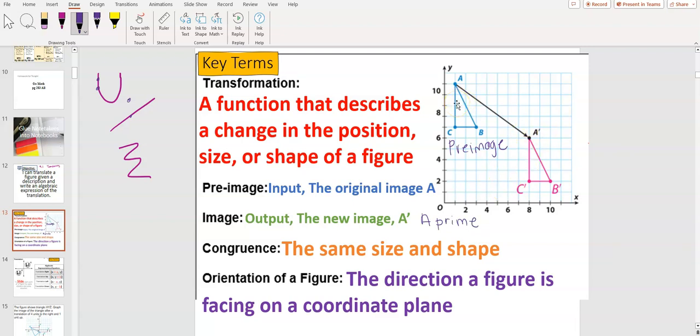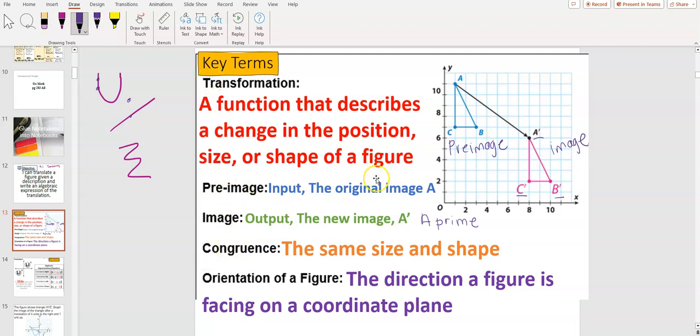So here you can see the pre-image was translated to this image, and we have this image of A prime, B prime, C prime. This is triangle A prime, B prime, C prime. So we translated this image and actually slid it across. There's lots of transformations. They all have pre-images and images.